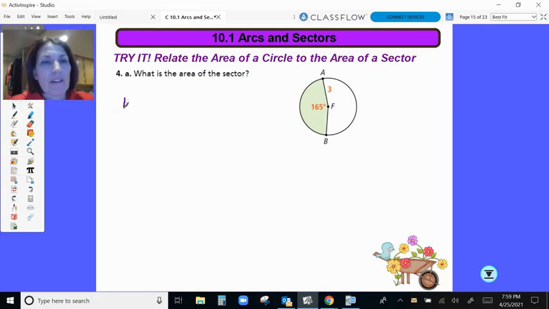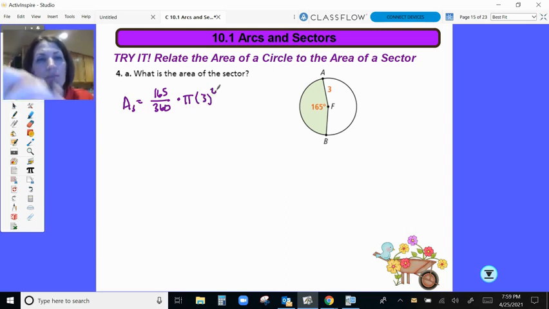Okay, so here the area of my sector is going to be my fraction again. So my 165 over 360 times my pi r squared. So pi times 3 squared.